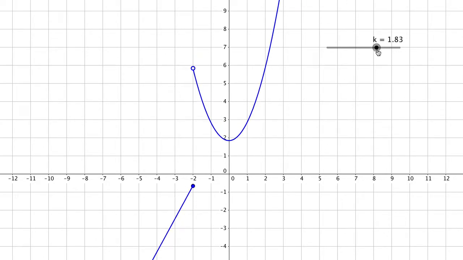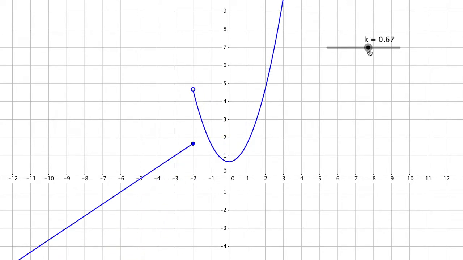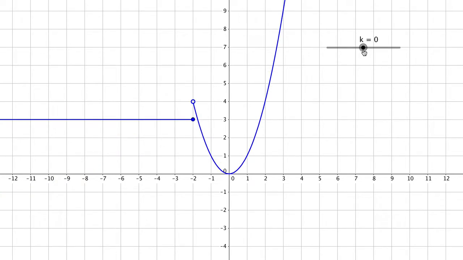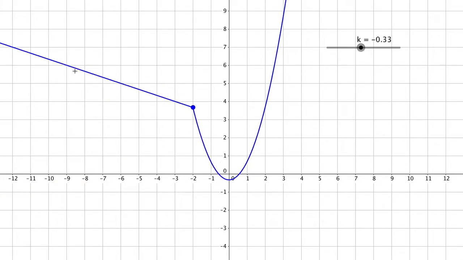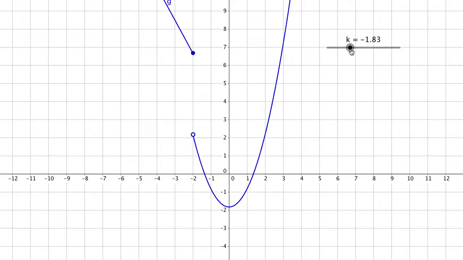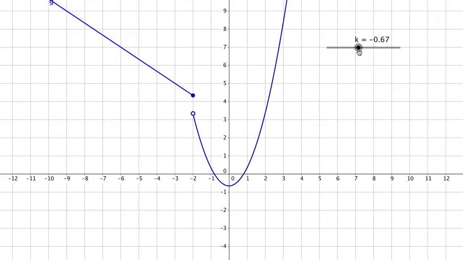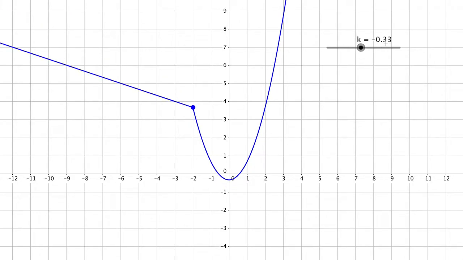But as I make it smaller, they're getting closer and closer together until I get to this point right here, where from the left and from the right, they're both approaching the same value. And you can see if I go too far the other way, they move further apart. So the only value of k that makes them approach the same value is -1/3.